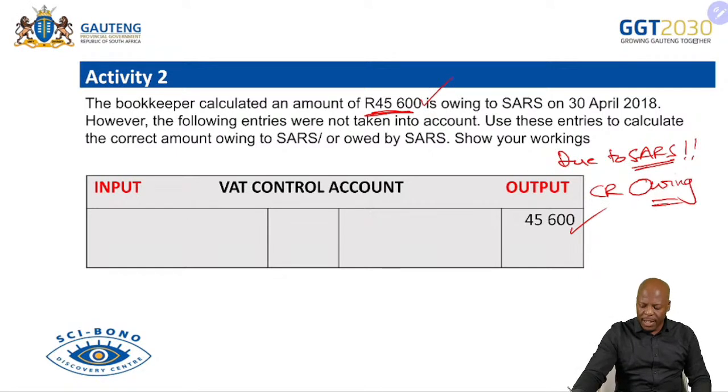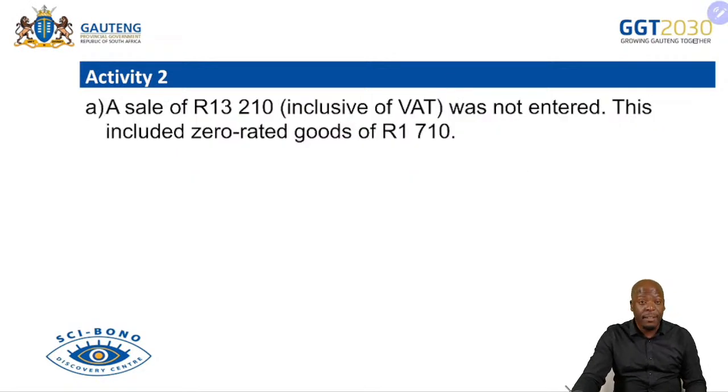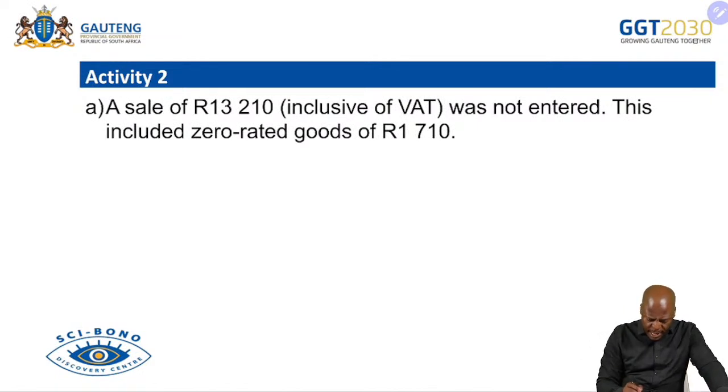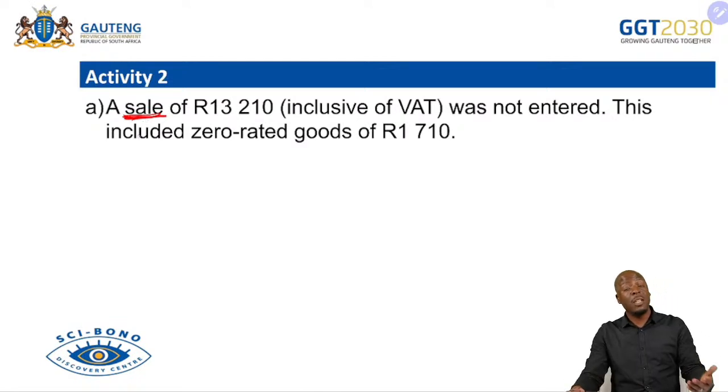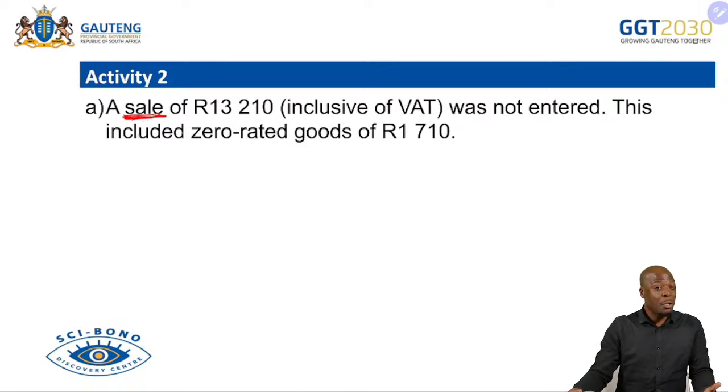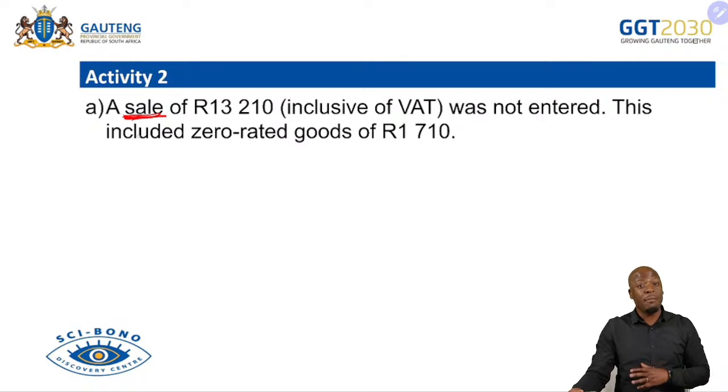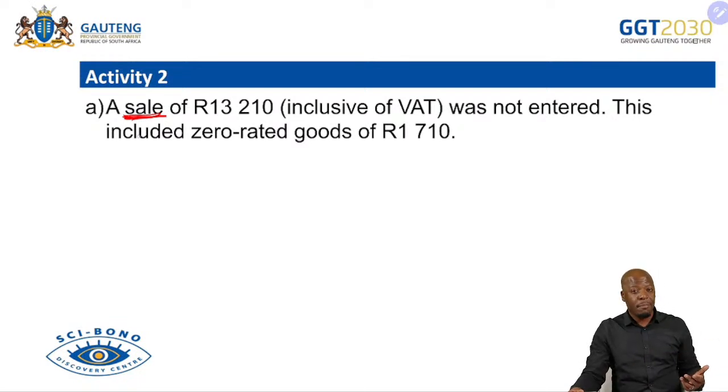Let's quickly look at now adjustment A. It says, a sale. So once I hear the word sale, because now I'm dealing with a VAT control account, I should be able to distinguish between input VAT as well as output VAT. A sale is what? Input or output, because they're going out.